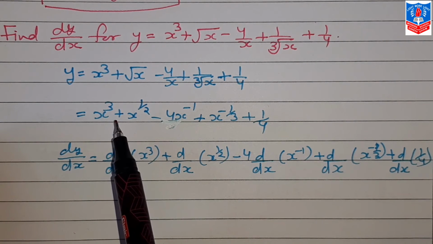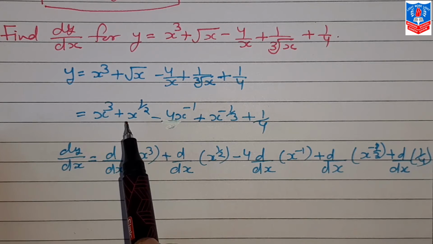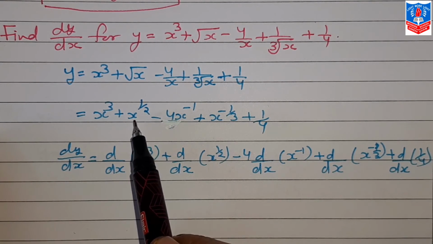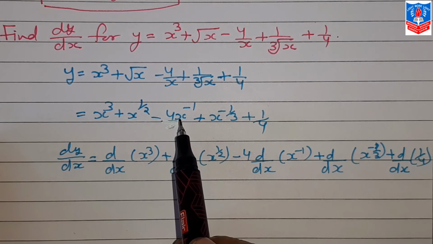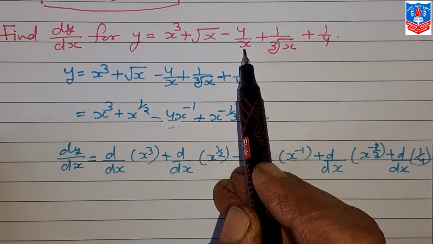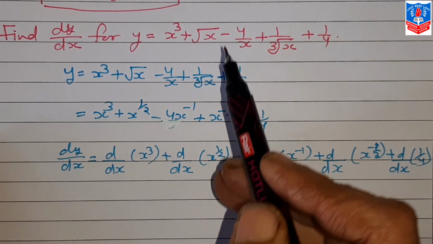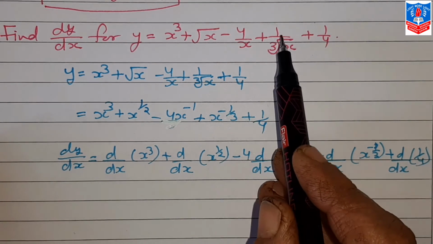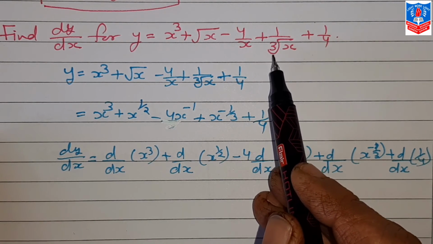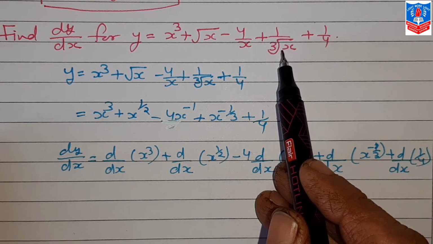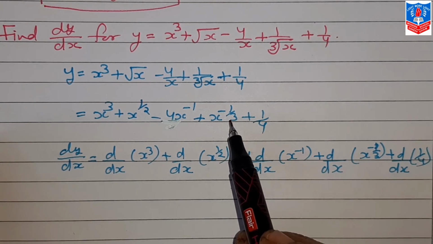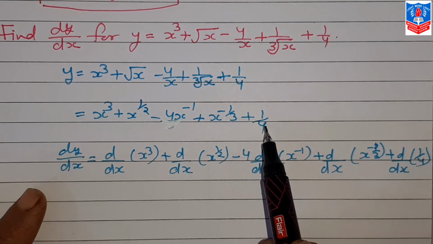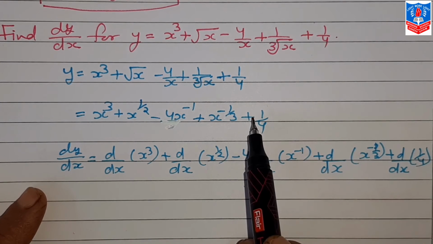Here, first step, x raised to 3 plus this root we can make x raised to half, minus 4, x here has power 1 and it is in the denominator, so taking it in the numerator will be x raised to minus 1, plus, same, this is 3 into root x, so taking it in the numerator will be x raised to minus 1 by 3, plus 1 by 4. Means, first step, you make it this way.